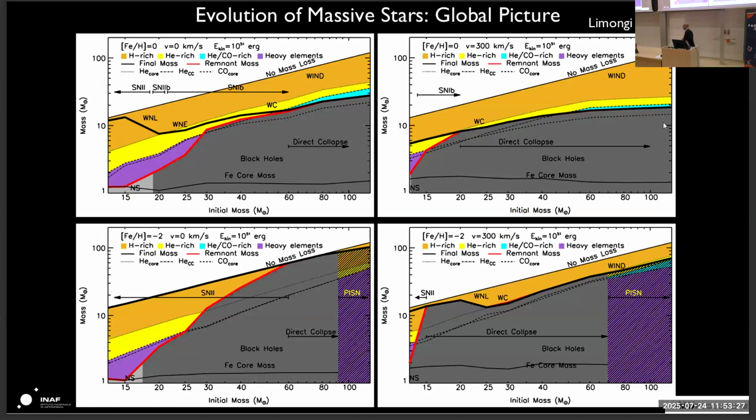Okay, so we may draw a general picture of the evolution of massive stars for each metallicity and each rotation velocity.